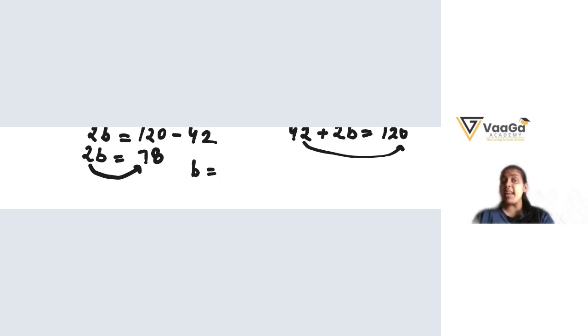So when I shift it to the other side, I'll divide. Very good. Divide 78 by 2 and tell me the answer. 39. So the breadth is 39.